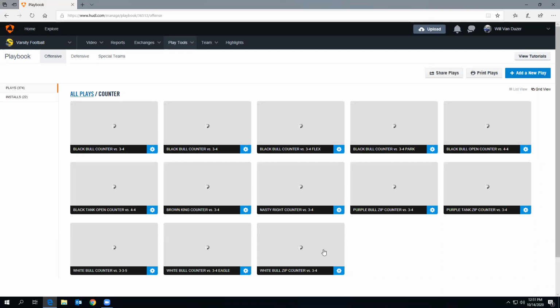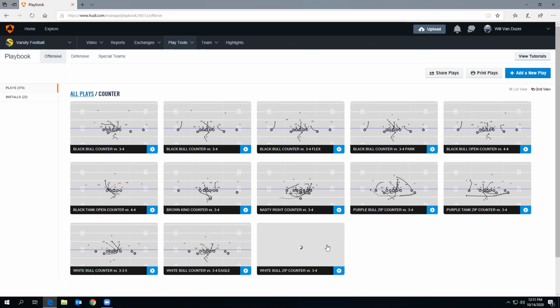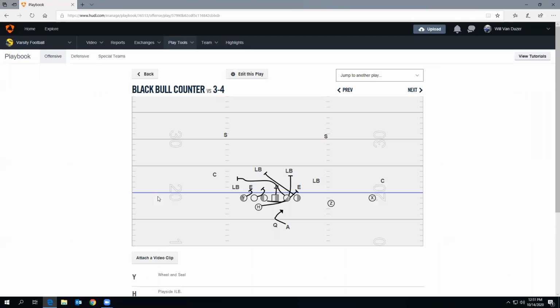Let's look at counter here. Let's look at this one. If you're this Y here and you're on the backside of counter, you have a wheel and seal just like the backside tackle does. So you're responsible for C gap to D gap.